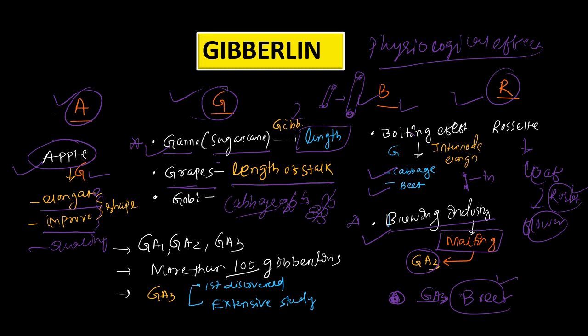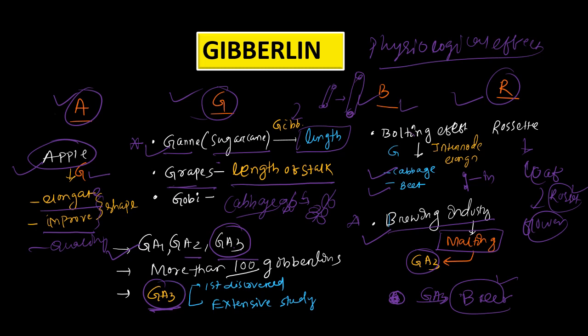Next are the different types of gibberellin. One is called GA1, GA2, GA3. Among all gibberellins, the most active is GA3, and this hormone is extensively studied.